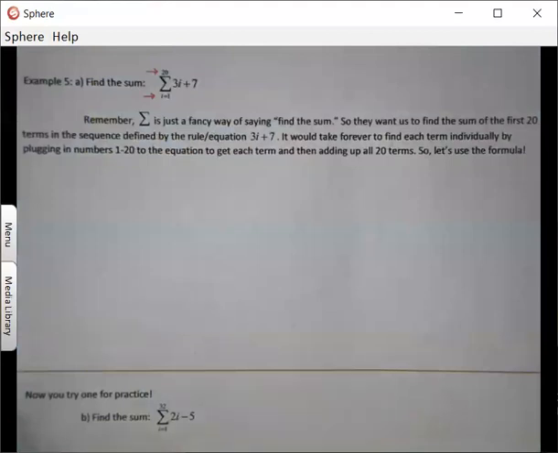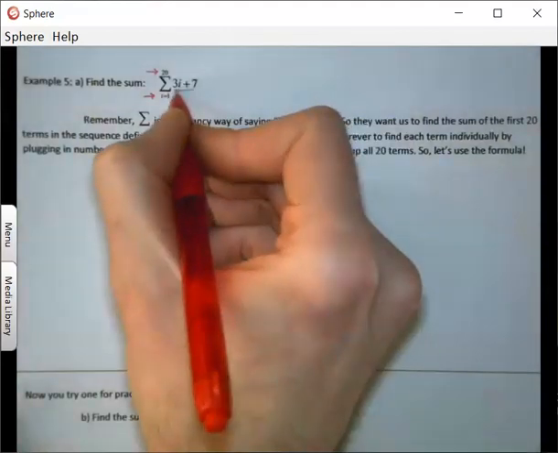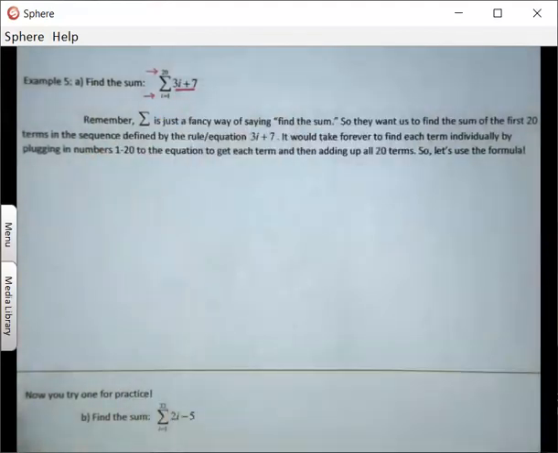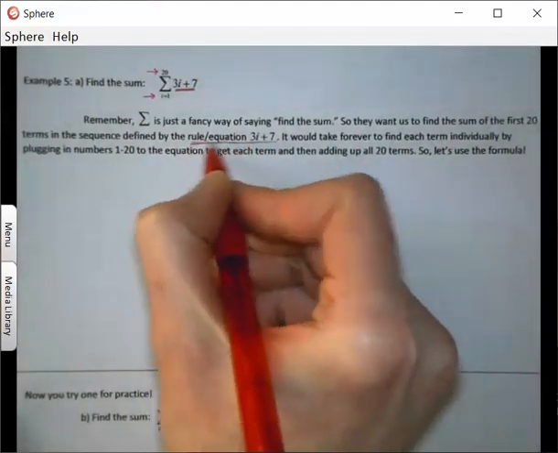We're also given the rule for a sub n. So here is the rule for the sequence. So we don't need to find the rule, it's given to us.